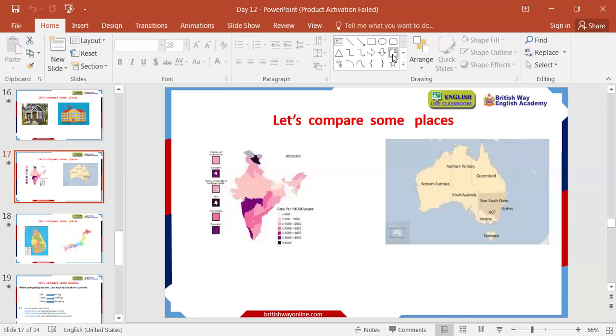India has more people than Australia. Australia is cleaner than India. Australia is bigger than India.